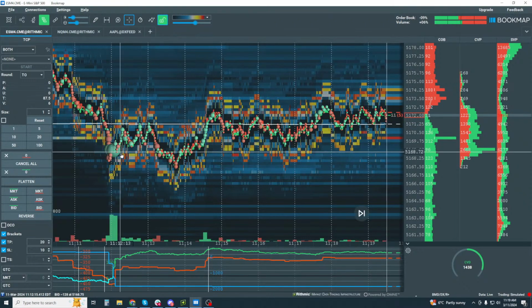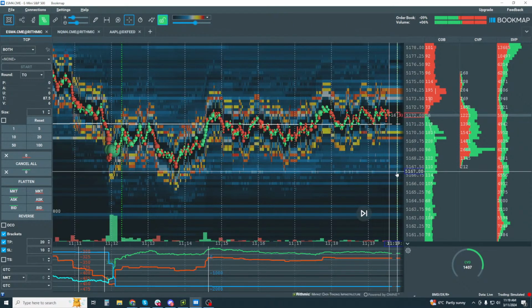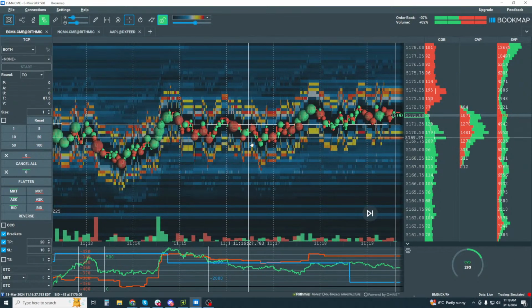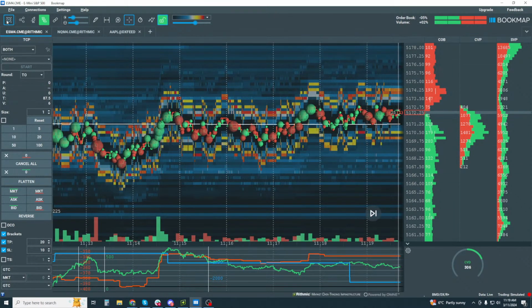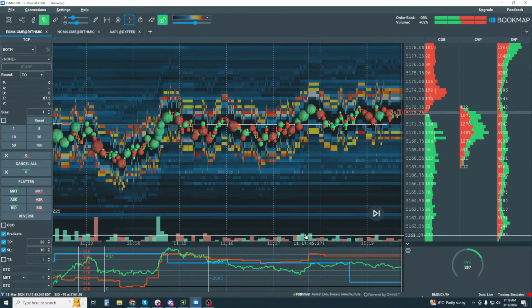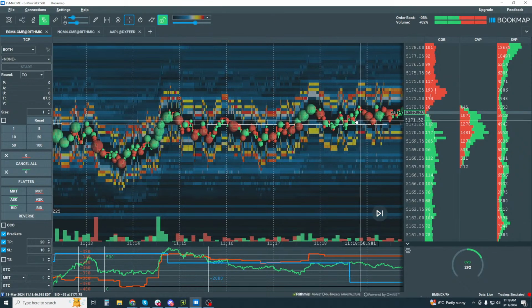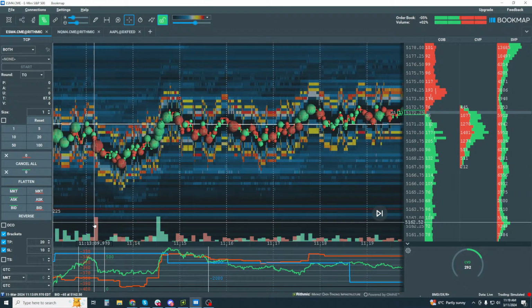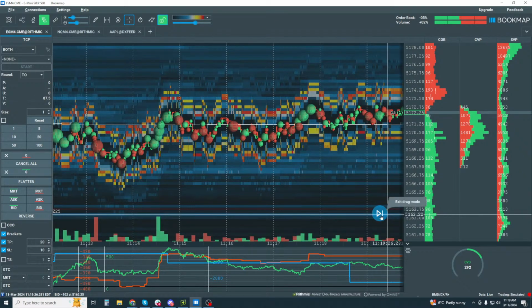So let's take this out of the picture here, and then let's look at this action, buying versus selling. There's a nice cluster of buying there. Actually, a bit more buying than there is selling. Selling's in here, and then there's a bit more buying here.